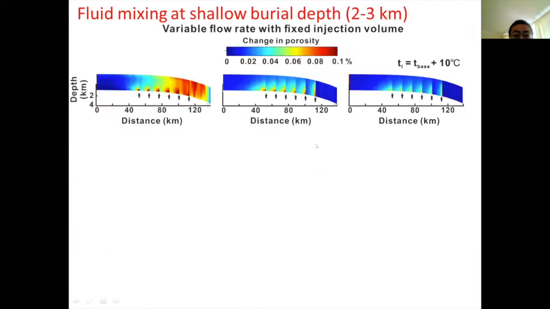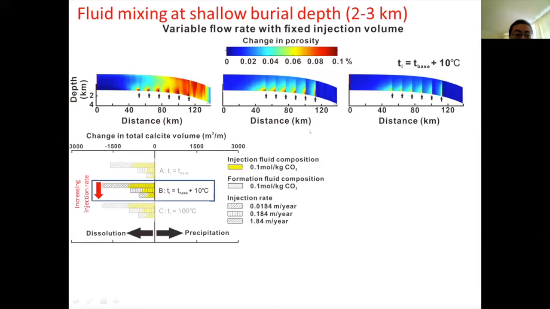Our results show that, by injecting a fixed volume of injection flow, fluid injection and mixing will cause the dissolution to distribute into different areas. A large injection rate will cause the dissolution to occur in a large area, but with a lower amount of dissolution.